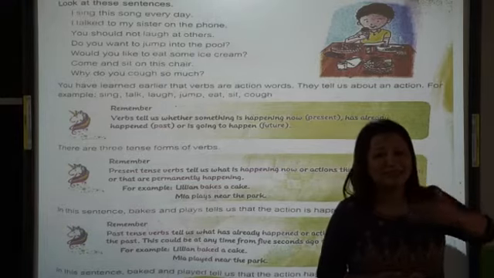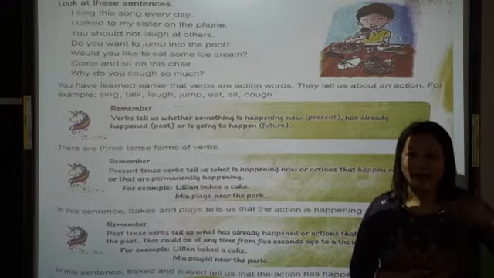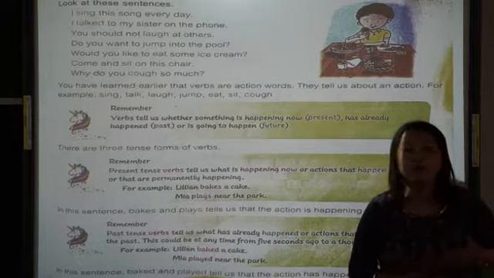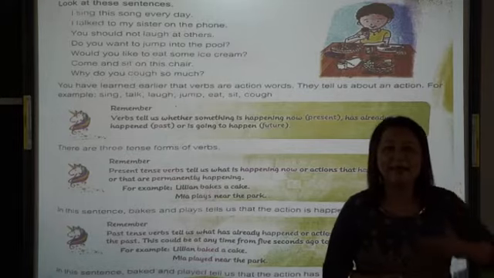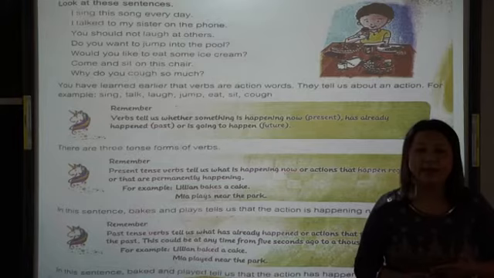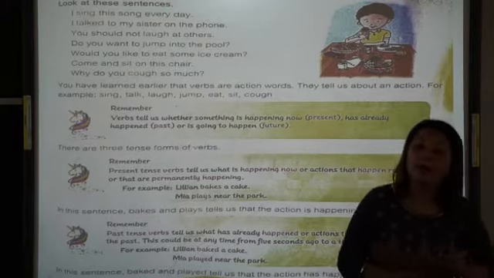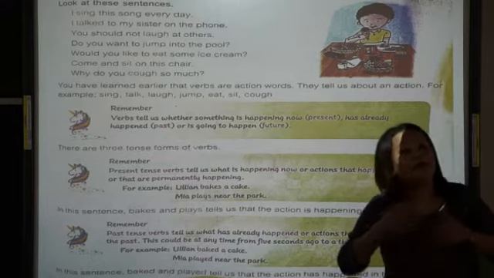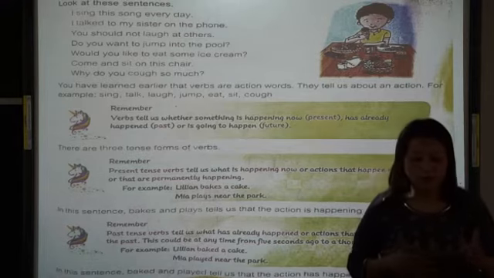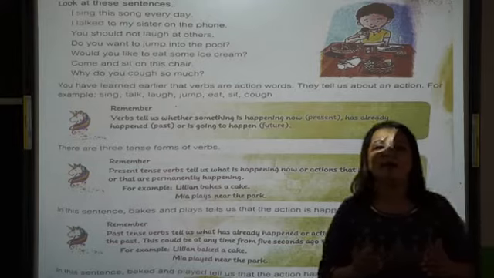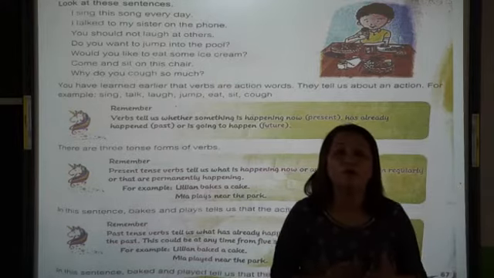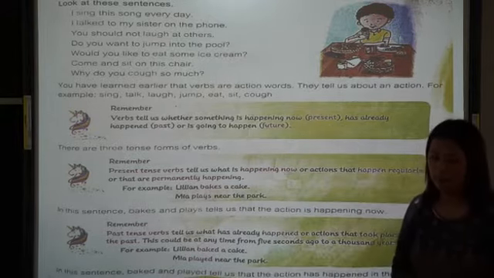So in these sentences, likes, grows and knows are action words and they end with s or es. So these are the present form of verb.